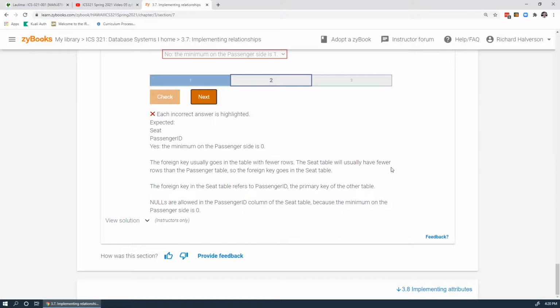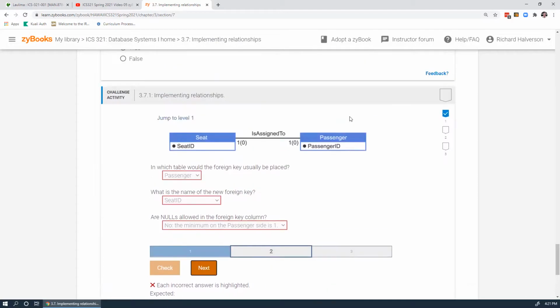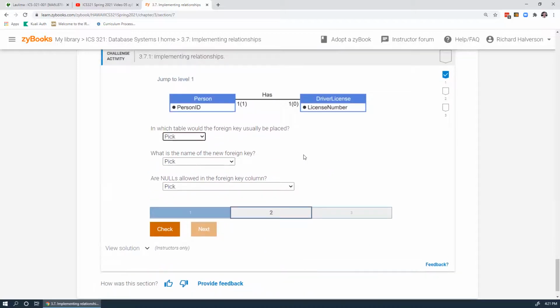Nulls are allowed because the minimum on the passenger side is 0. Okay, yeah, wow, that's weird. Well, I got the first one right. I guess I just do it again.